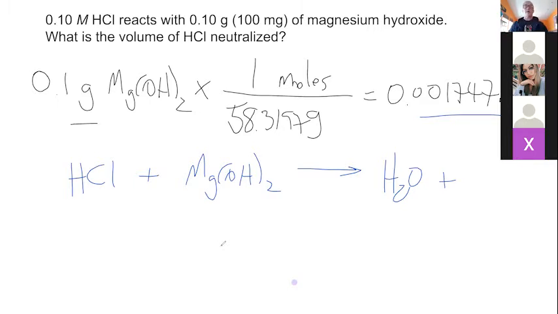The other one is a salt because you've got magnesium ions are going to be released and chloride ions are going to be released. And we know that that is a salt, right? We have a metal ion and we have a non-metal ion. That's a salt. And those are going to stay in solution. So that is going to be our other product, MgCl. What's the formula for magnesium chloride?